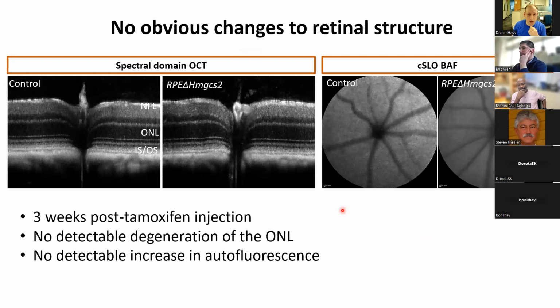And so we did look at, I'm using the royal we here, I didn't look at these, but we looked at the OCTs from control mice or mice without HMGCS2, and this one is 3 weeks post tamoxifen injection, but we have OCTs up to about 5 months of age, and we see that there isn't really any meaningful change in the thickness of the retina or thickness of individual components of the retina that we can quantify.